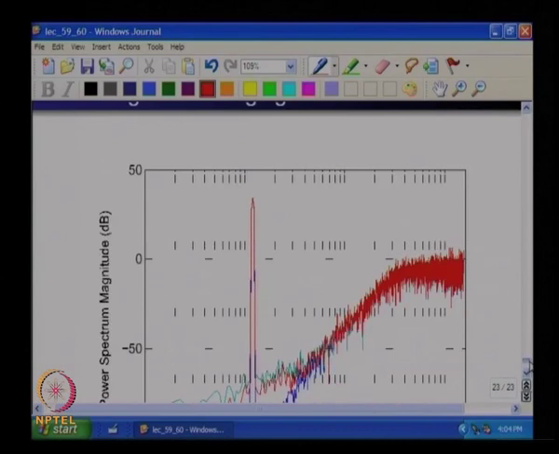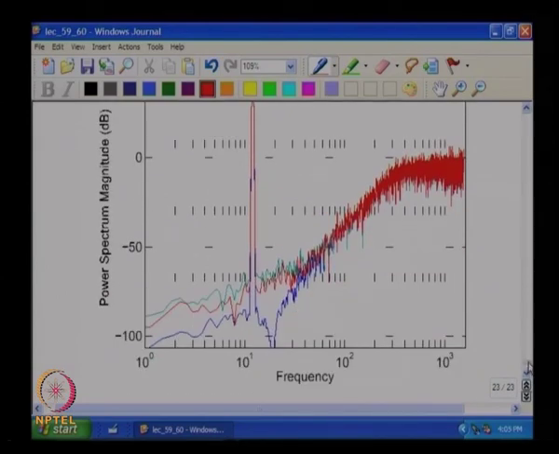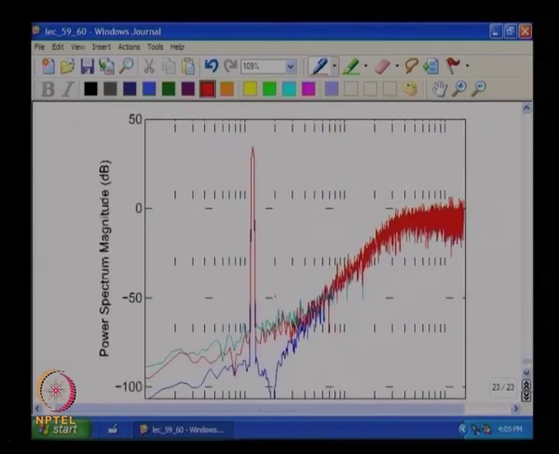If you compare, this is one of the spectra of DWA and the other one is the first order tree structured mismatch shaping, sorry, noise shaping of mismatch.